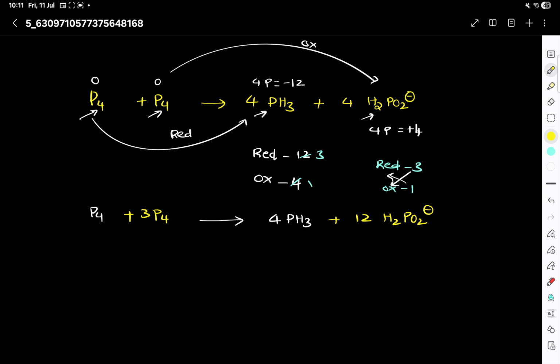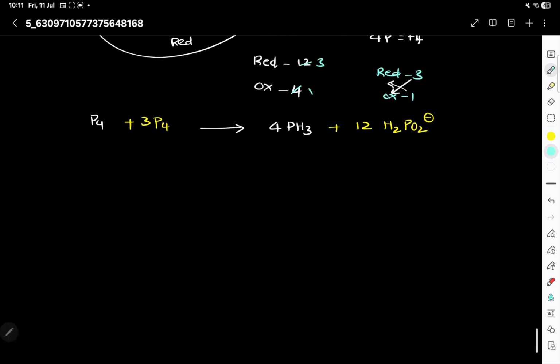The third rule is also completed. Now the fourth rule: balance negative charges. This side is minus 12, and this side I have 0.